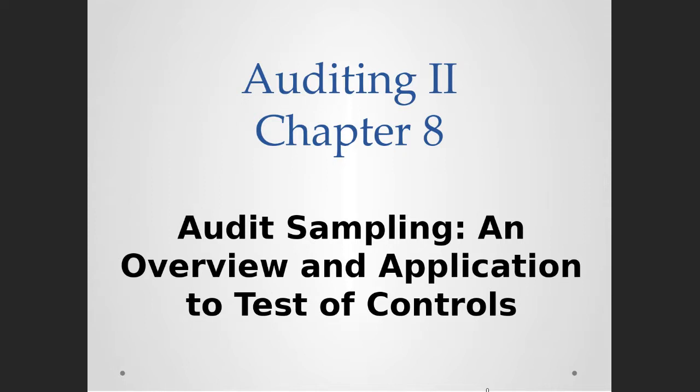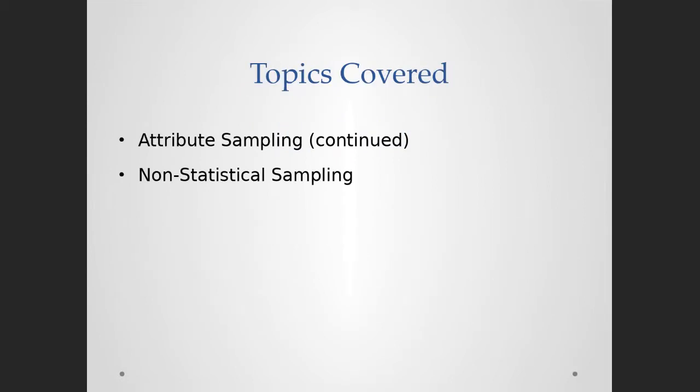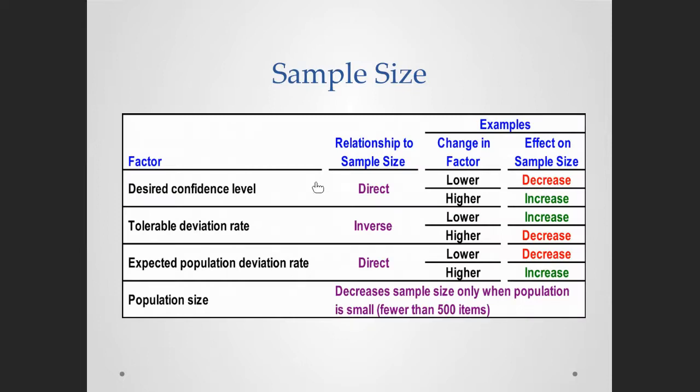Now, before we go into the second step, which is performing the audit procedure, we have a sample size that we are going to use to select our sample items. And we discussed what we are going to summarize in this slide. We discussed it in detail in our previous session. So if you have any difficulty in understanding the summarized discussion, you can go back to the previous class's lecture and watch the video again.